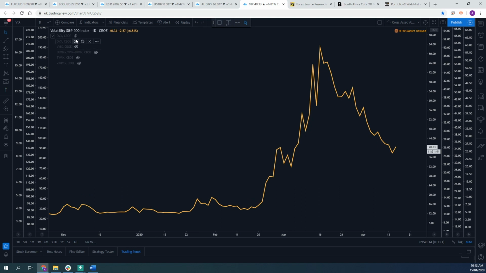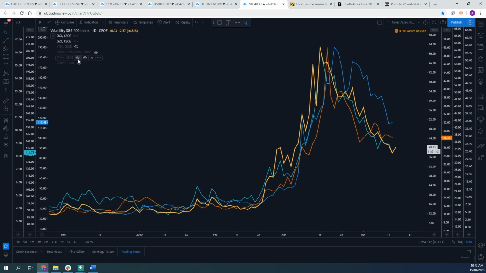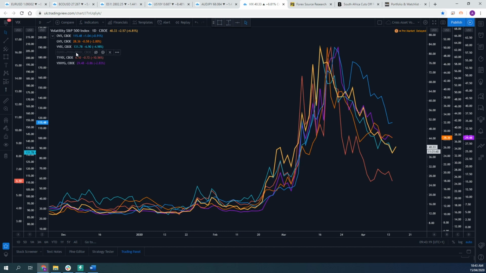Then also another one that we have on the chart here, you'll see this is a combination, is the Euro VIX, the JI VIX, as well as the Pound VIX. So this is basically the volatility tracking the ETFs for the Euro, the Japanese yen, as well as the British pound. Now, we don't have access to the JP Morgan volatility index for Forex.